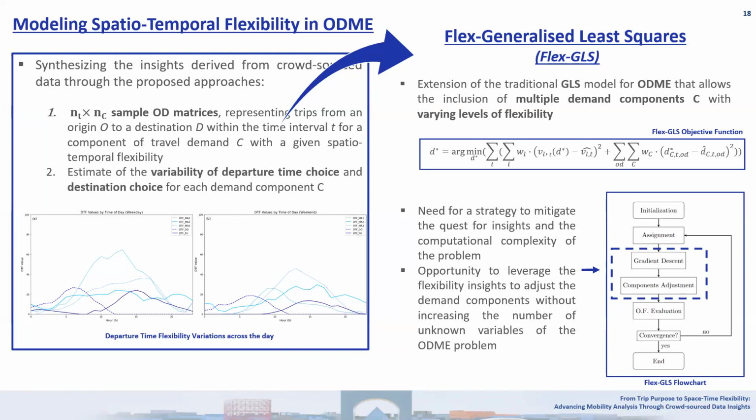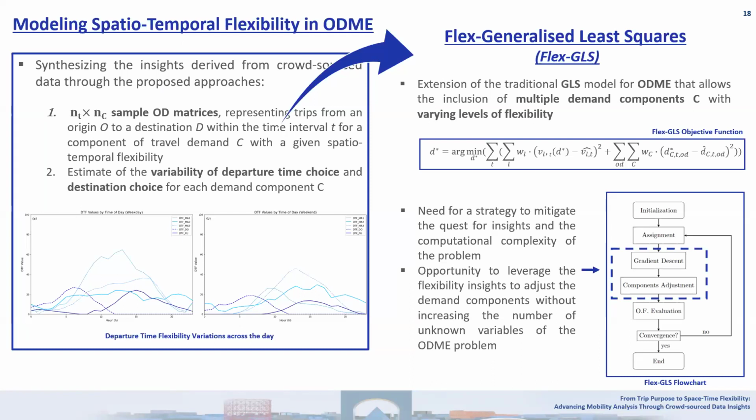How can we move from sample matrices to matrices related to the whole population? Well, we need to go to some instruments that you already know. For example, the travel demand adjustment process.